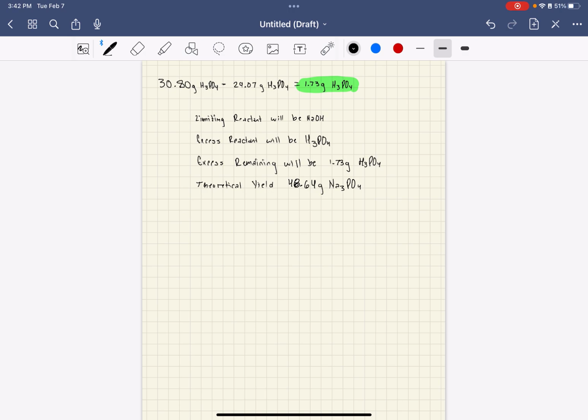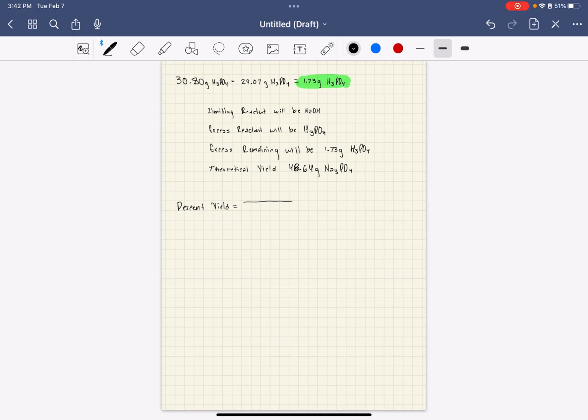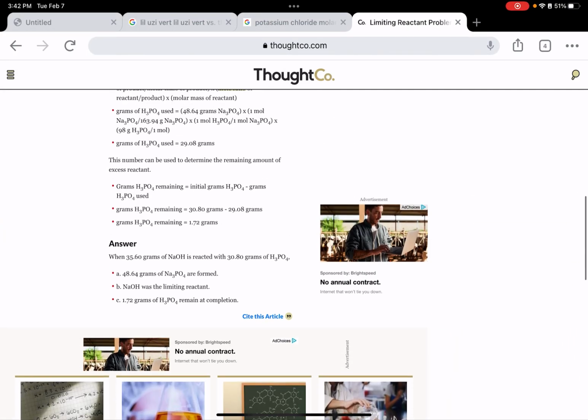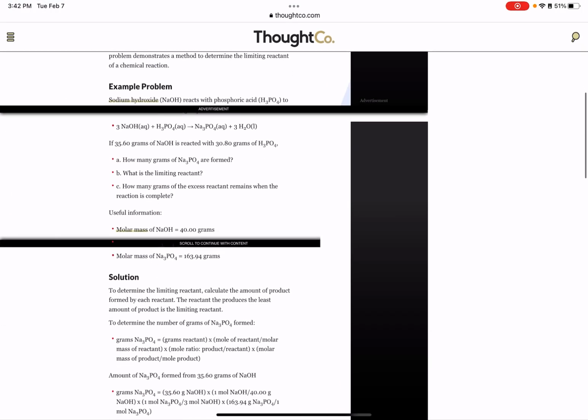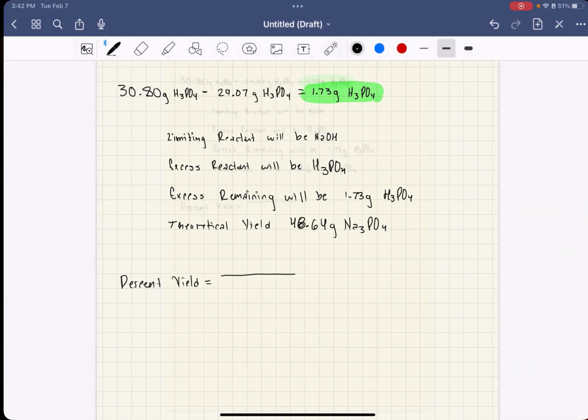Okay, and the last thing that we're going to find here will be the percent yield. The formula for that equals actual yield, if it was even given to us. One moment. Oh man, it wasn't given to us. I'm sorry.